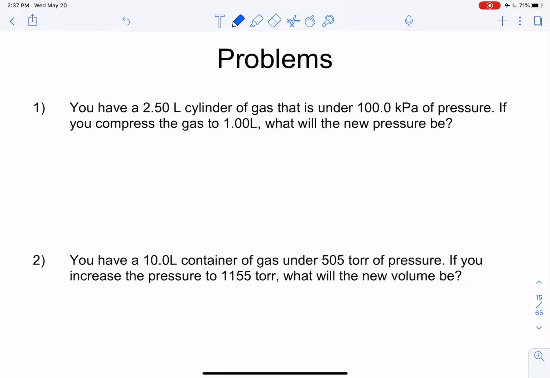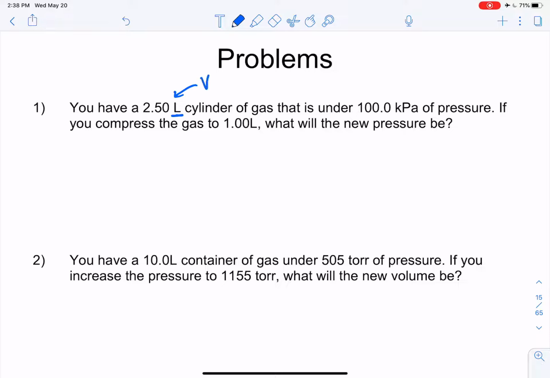Okay, so number 1 says you have a 2.5 liter cylinder of gas under 100 kilopascals of pressure. If you compress the gas to 1 liter, what will the new pressure be? All right. We've got 3 givens there, and what on earth do we do with them? Well, let's look at our units. Liters, that's a unit of what? Is that pressure, volume, or temperature?